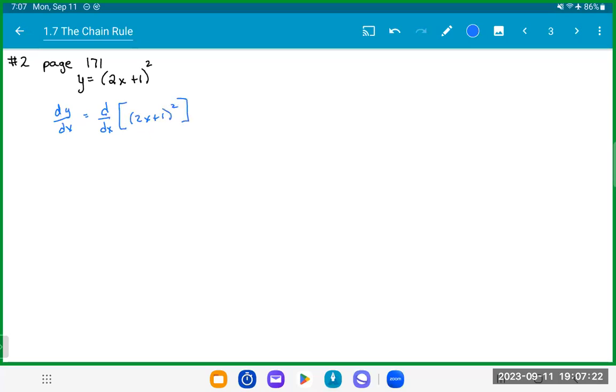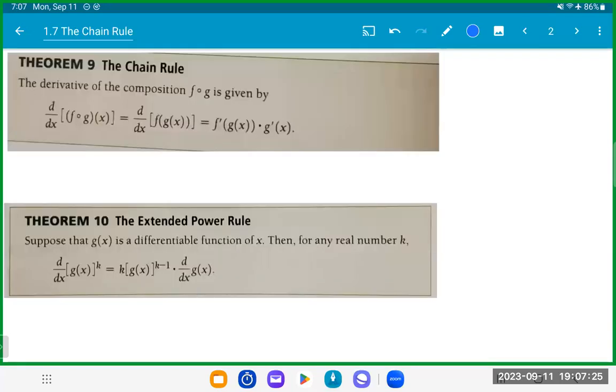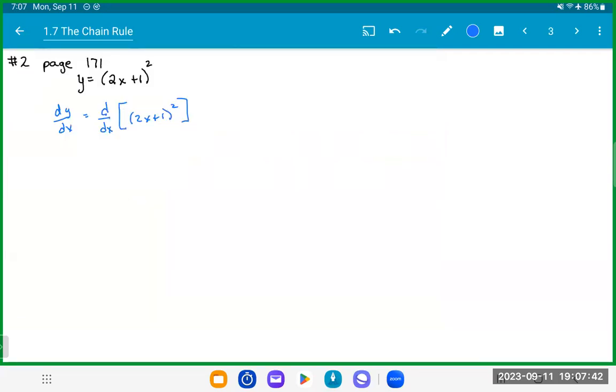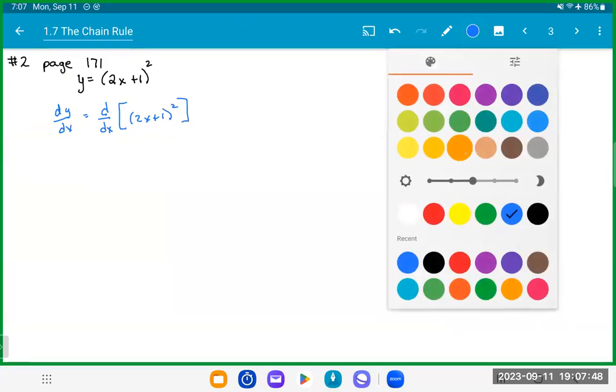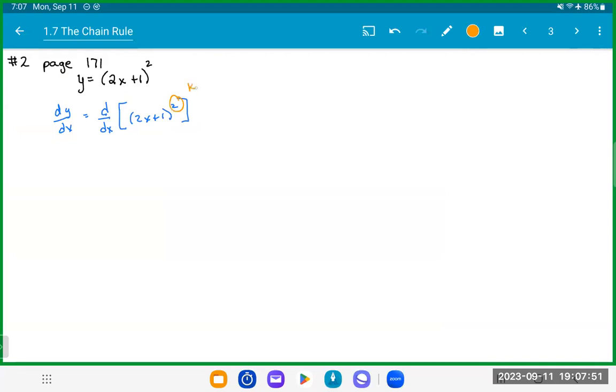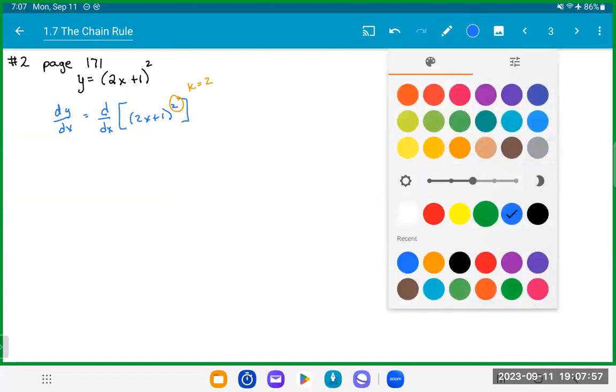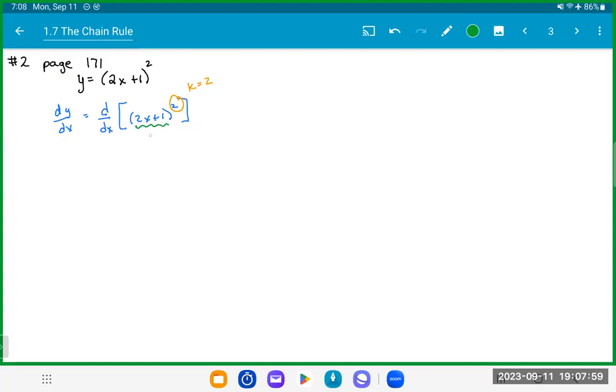That puts it in a similar format to what we had over here, so we can determine what our k and our g of x are. Our k in this case is this 2, so k equals 2. And this right here gives me my g of x, okay?